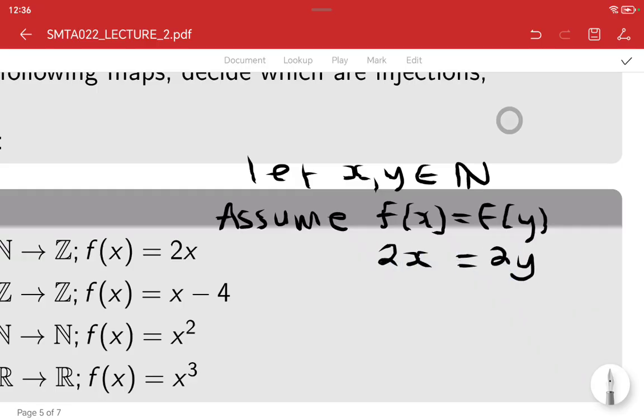The aim is to show that x is equal to y. We agree, right?